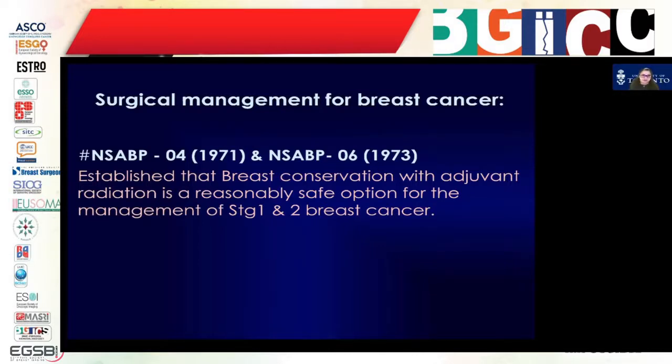And this really revolutionized how breast cancer was being treated to a more minimally invasive treatment, which was more acceptable to women, and they could keep their native breast.